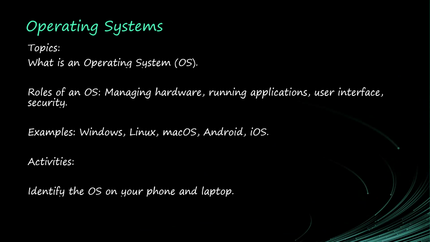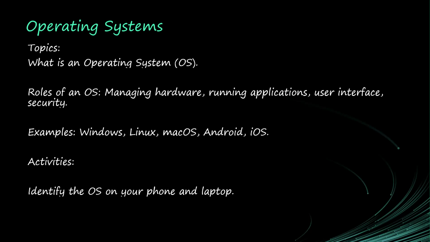Your assignment for today is that you need to identify what type of operating system your phone is using. Basically, your phone should be using either iOS or Android. If you're using an Apple phone, an iPhone, it is using iOS.